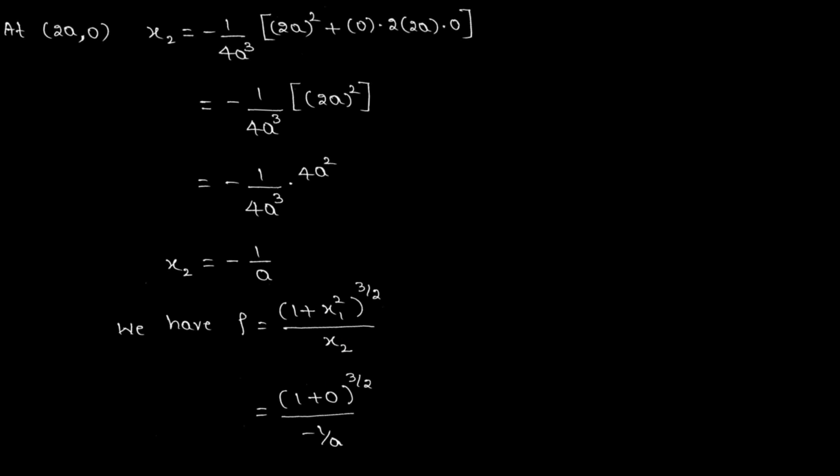Yes, we have substituted. 1 to the power 3 by 2 is again 1. Therefore, it is 1 divided by minus 1 by a.